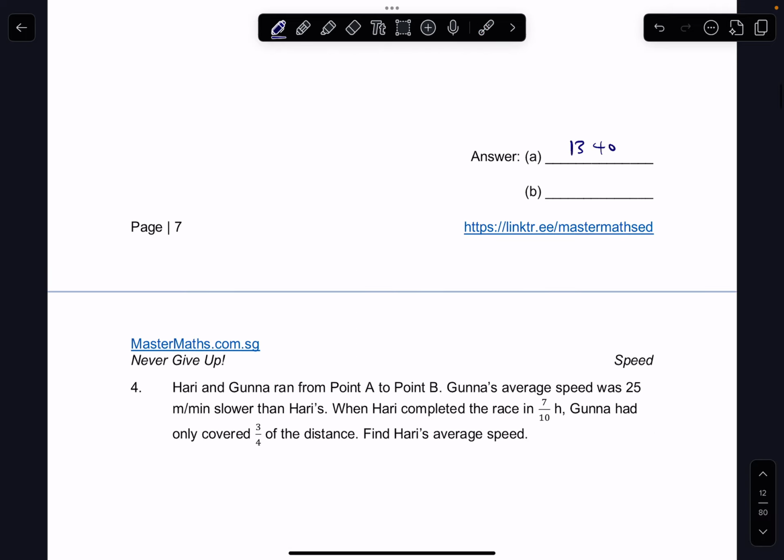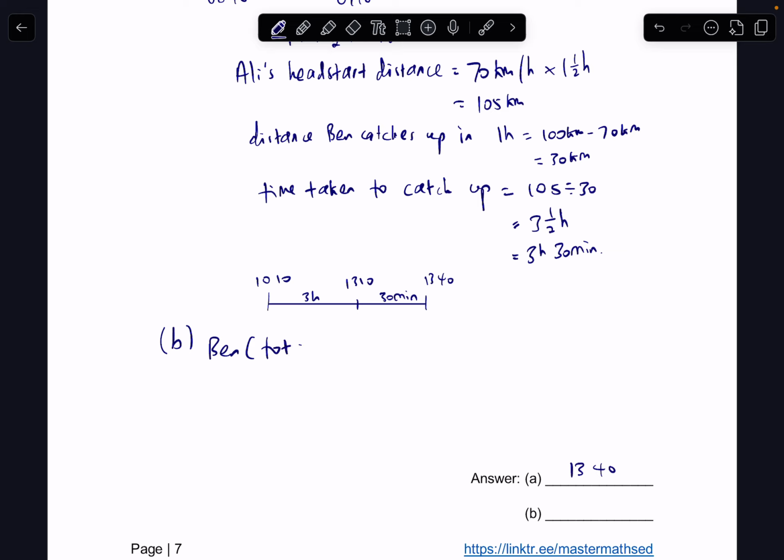Ben's total time would be 3.5 hours plus 2 and 1/10. You will get a fraction, 5 wholes and 3/5 hours. With this we can find the total distance between the two towns.